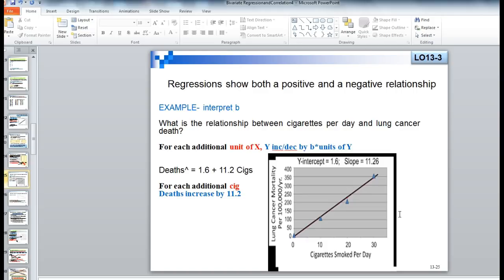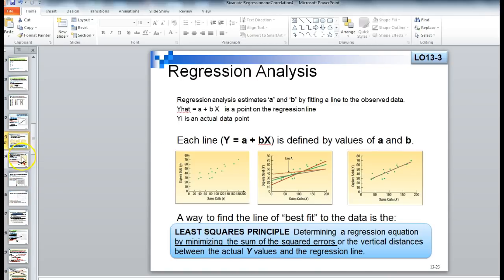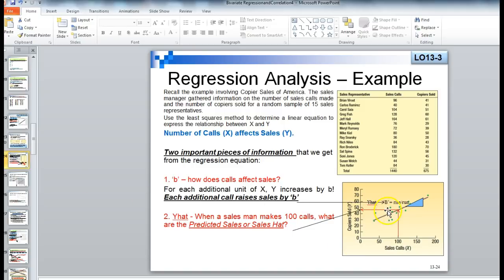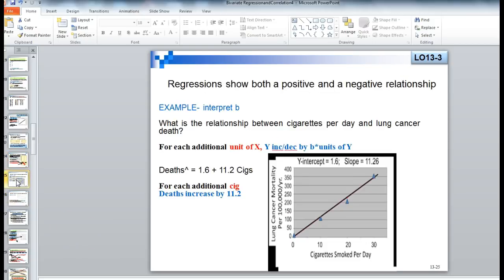All right, so let's talk about b, which is your beta. So remember that the slope, the rise over the run, is your beta, right? The rise over your run is your beta.